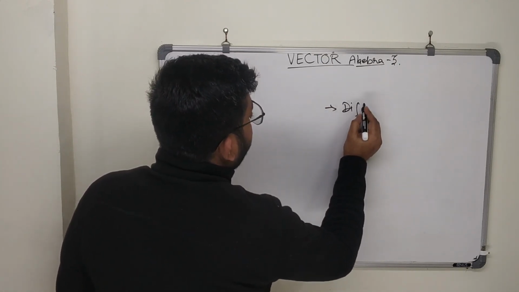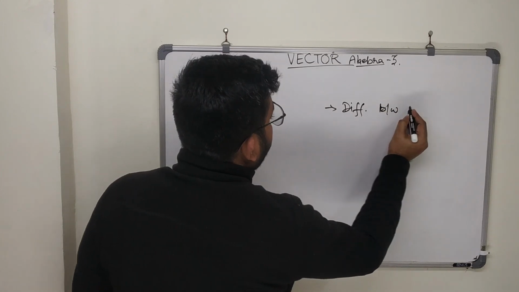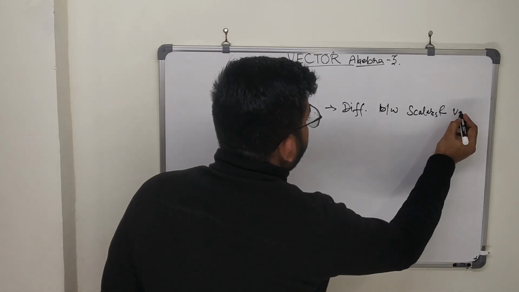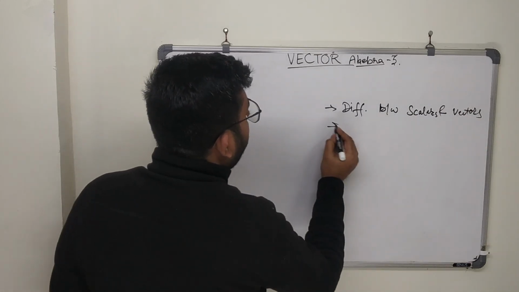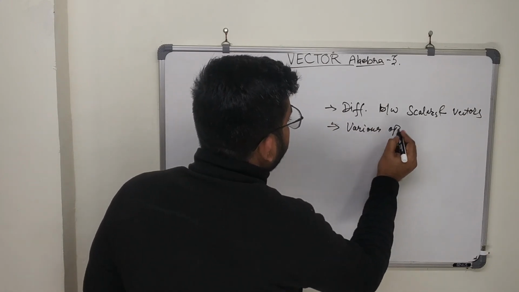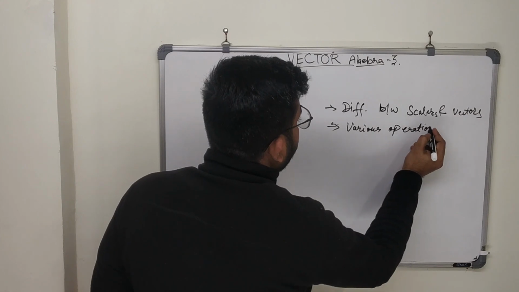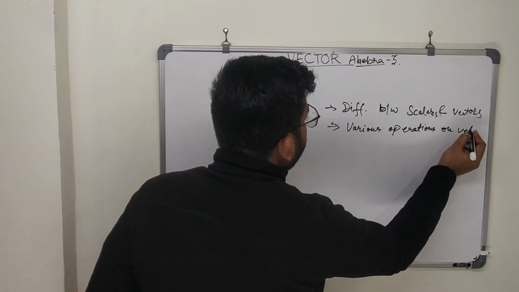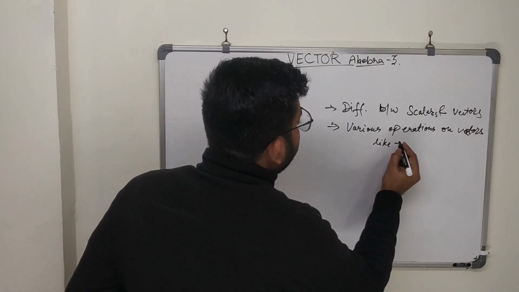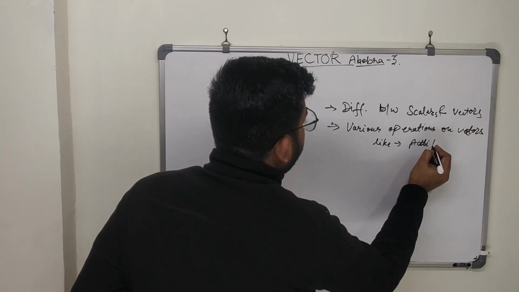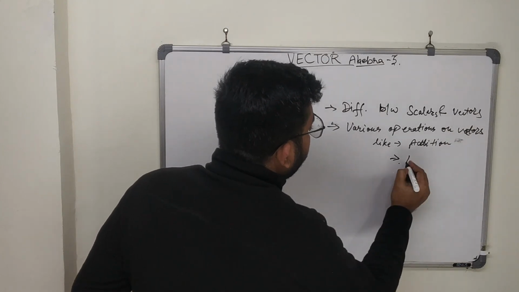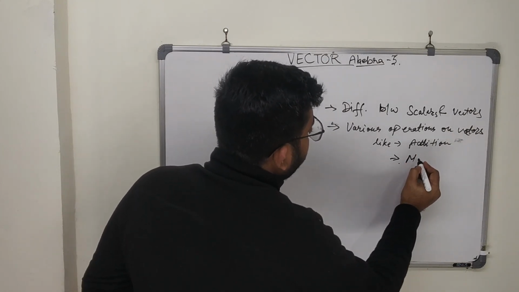difference between scalars and vectors and various operations on vectors, like addition of vectors and multiplication of a vector by a scalar quantity.